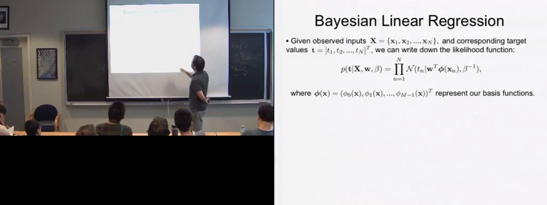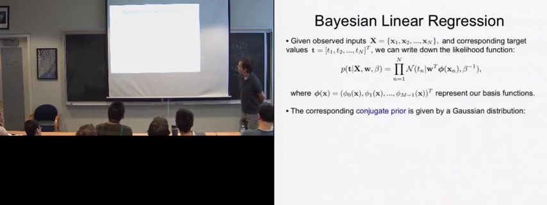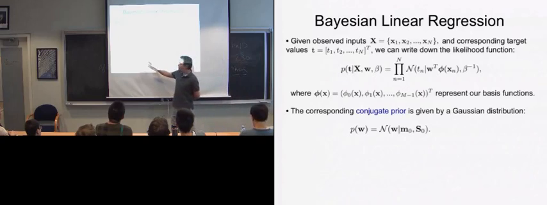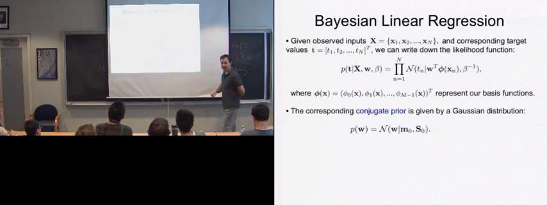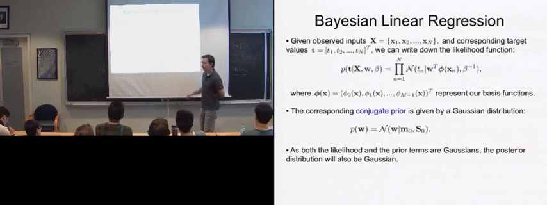These phi's here are representing our basis functions. Now, we can look at the conjugate prior over the parameters, and we can say the prior distribution over the parameters w is going to be given by a Gaussian distribution with mean mu sub 0 and some covariance matrix S sub 0.